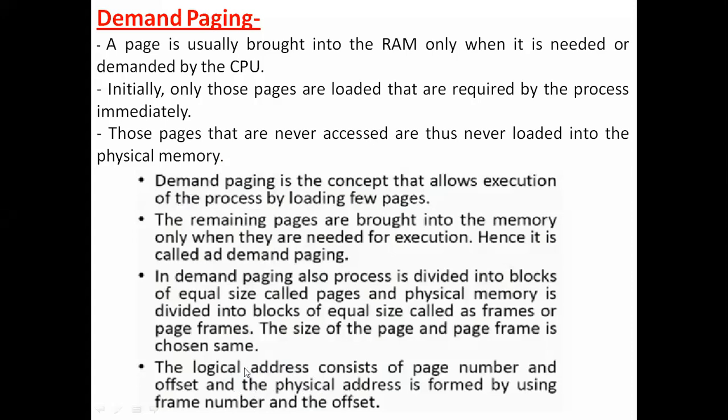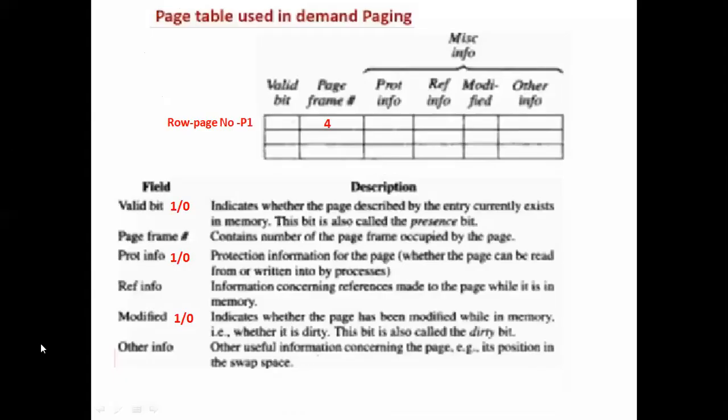So the logical address has two parts: first the page number, second the offset. The physical address also has two parts: first the frame number, second the offset.